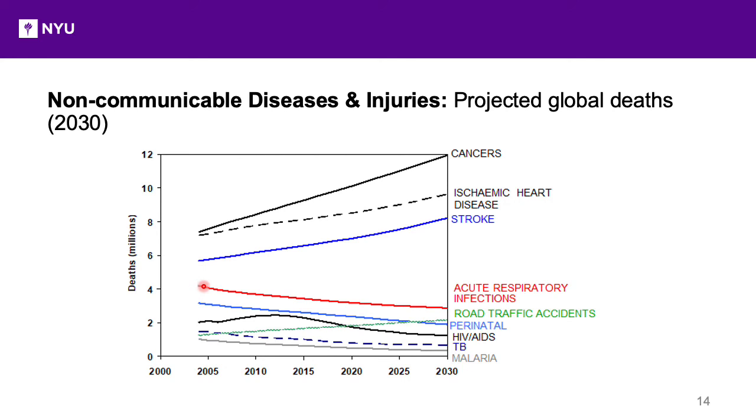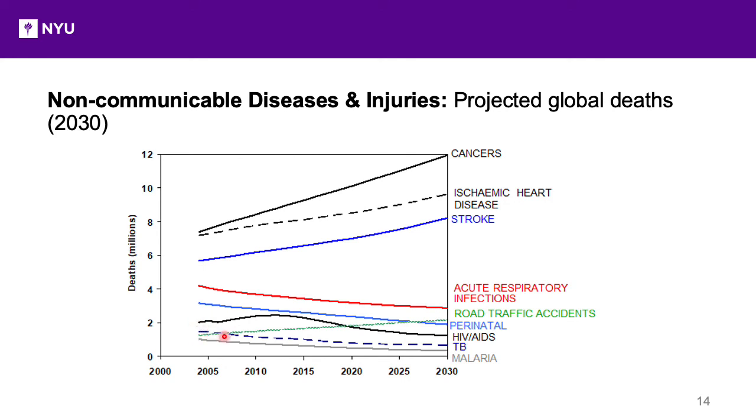For example, this red line right here, which represents acute respiratory infections, from 2005 has continued to decrease, will continue to decrease to 2030, and projections show it continuing to decrease lower. The same for this black curve, which represents HIV/AIDS.